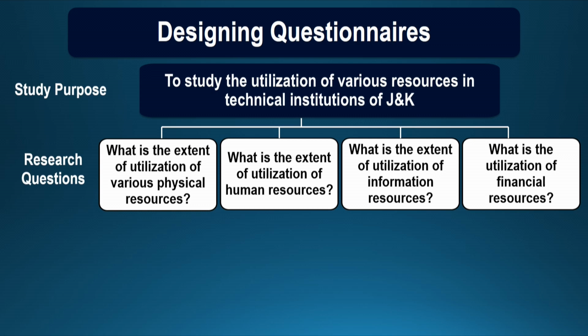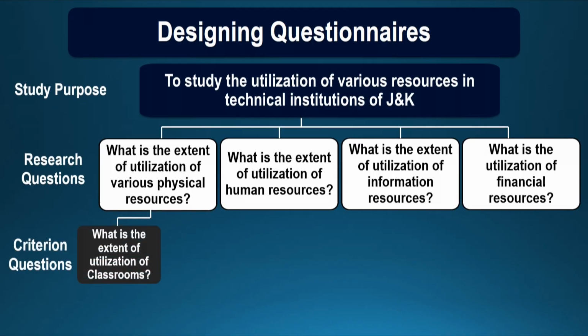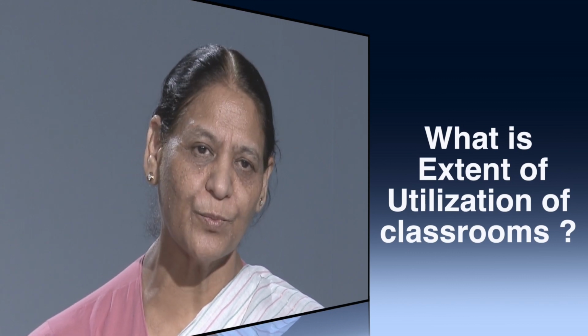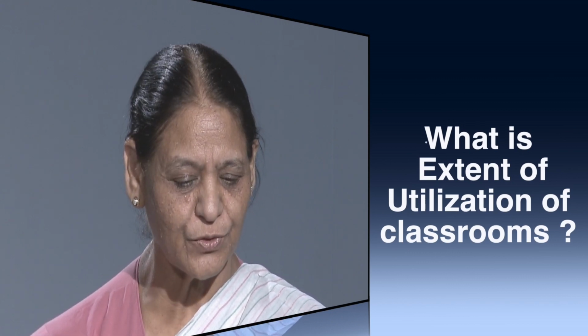Let's break down the very first research question into criterion questions. As far as the physical resources are concerned, the researcher may be interested in determining the extent of utilization of classrooms, laboratories, workshops, and so on. So let's take up the very first criterion question, that is, what is the extent of utilization of classrooms in technical institutes?